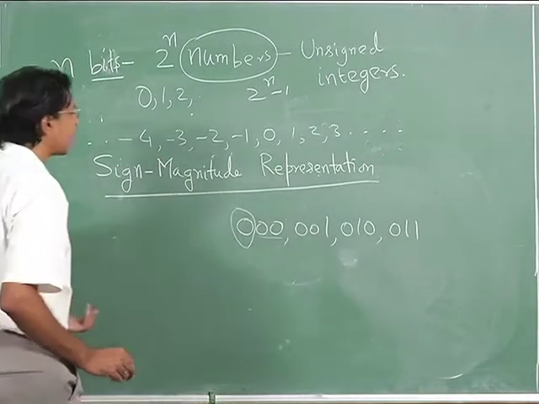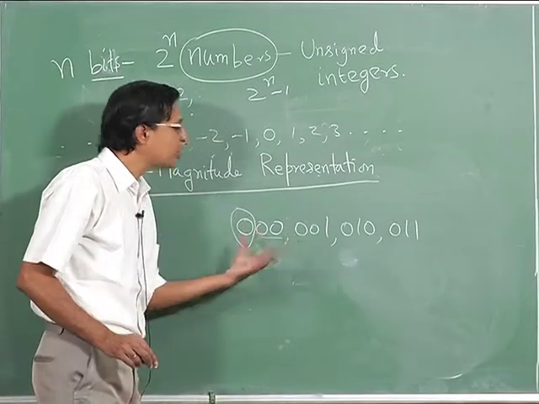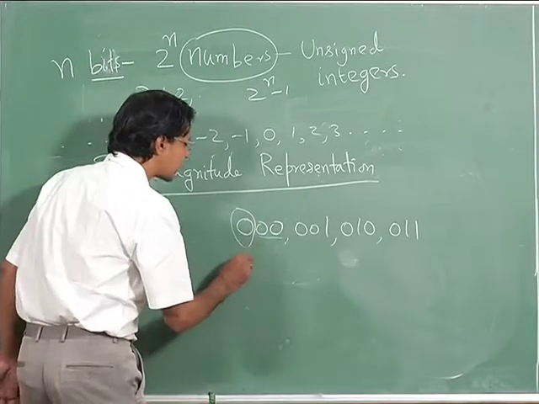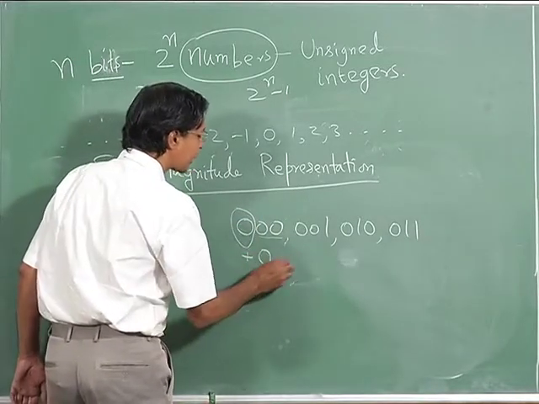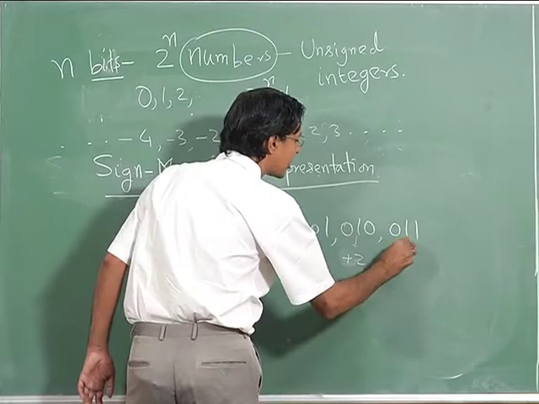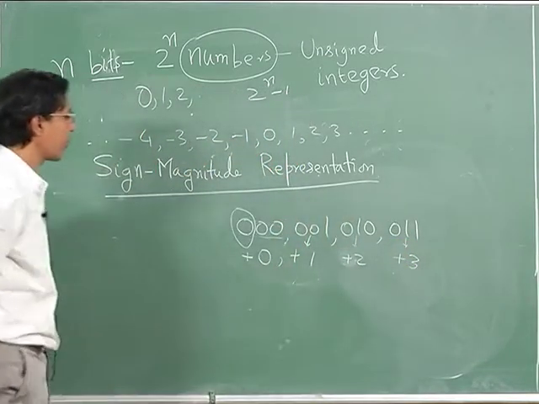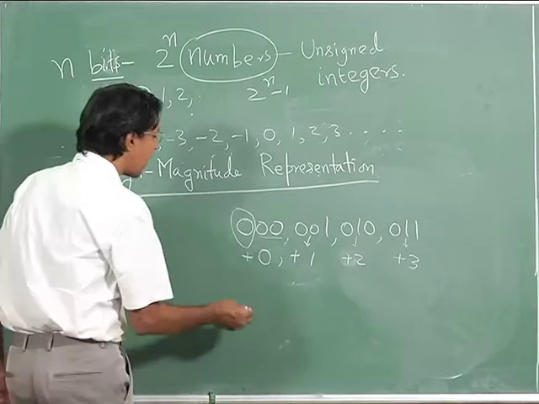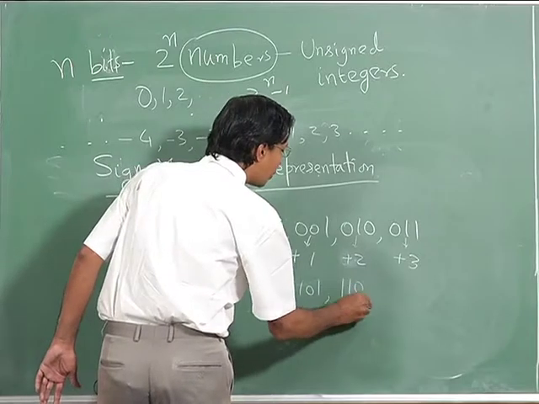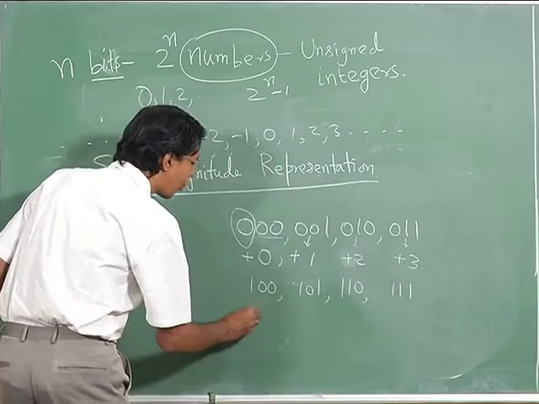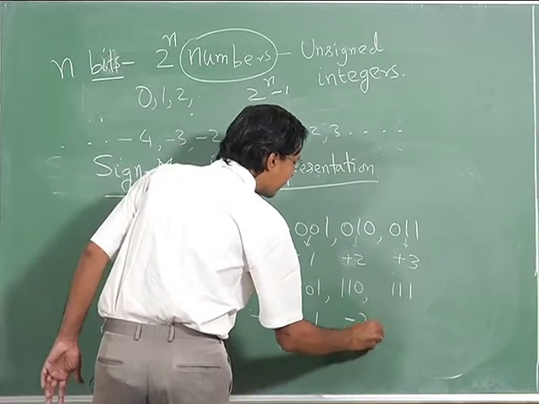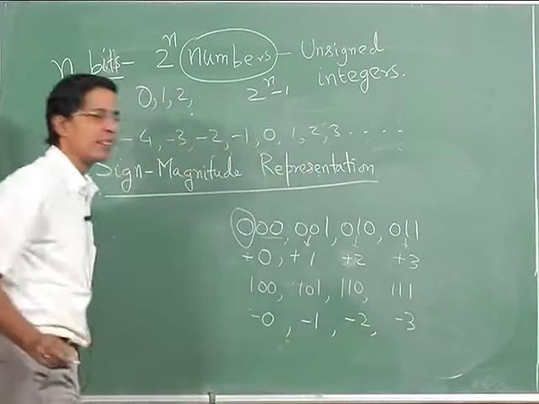So that is why this representation is called sign magnitude representation. Here this will stand for plus 0, plus 1, plus 2, plus 3. Then after this everything starts with 1: 1 0 0, 1 0 1, 1 1 0, 1 1 1. This will stand for minus 0, minus 1, minus 2, minus 3.